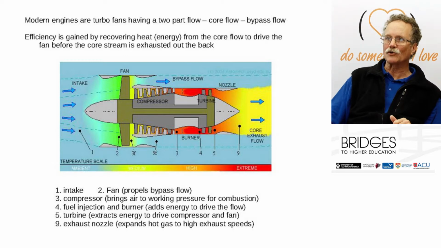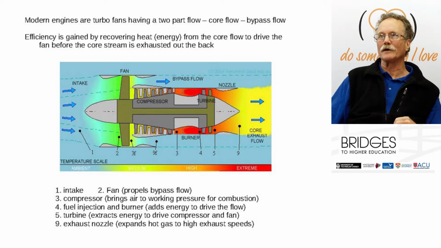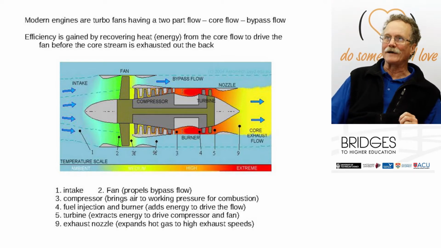So we're actually extracting some of the energy from that hot gas before it's exhausted to produce a cold gas stream. Cold gas streams are more efficient, they're higher density, therefore a bypass engine, a turbofan engine, will be much more efficient than a pure jet. Nowadays these bypass engines are running about 11 to 1, the ratio of bypass flow to core flow, and that's very efficient.